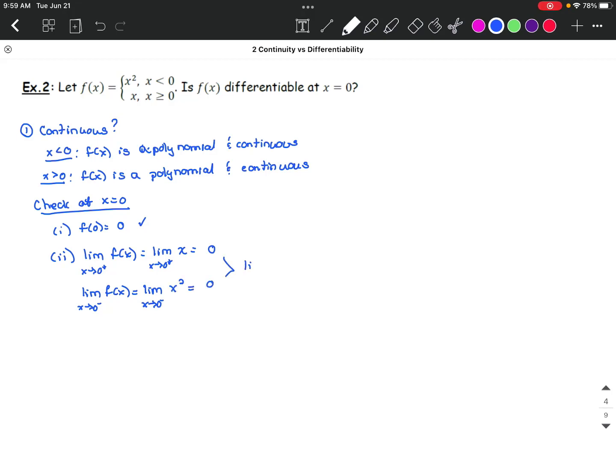They are equal, which means that the limit as x approaches 0 of f of x is 0, so our limit exists. And finally, for continuity, we now know that the limit as x approaches 0 of f of x is the same as f of 0, so it is continuous.